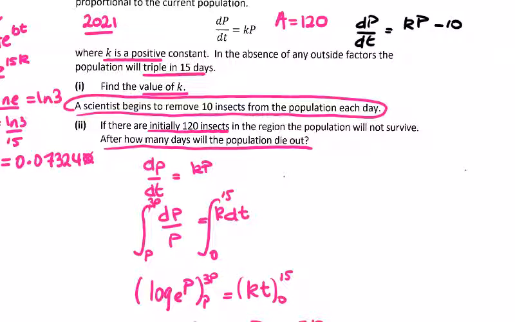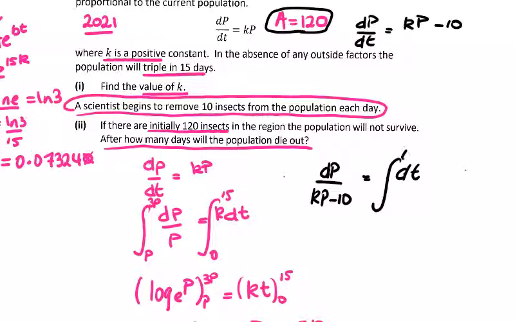I think the easiest way to do this is to have our integral starting at 120. If we simplify this to be dp over kp minus 10, I'll leave it as k for now, that's going to be equal to dt.